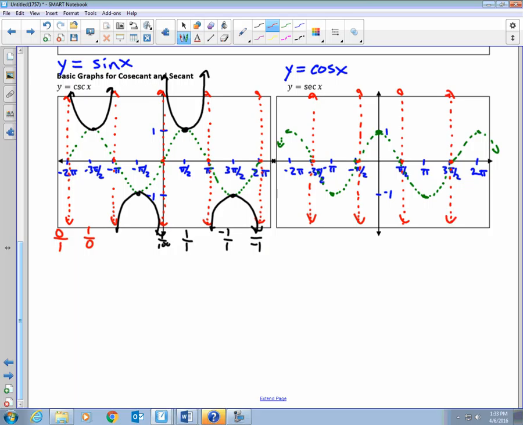And wherever we have maximum values for the graph, put a dot and U shapes going up.